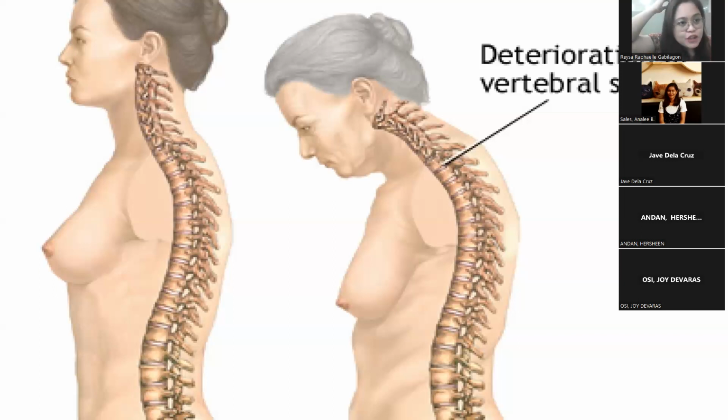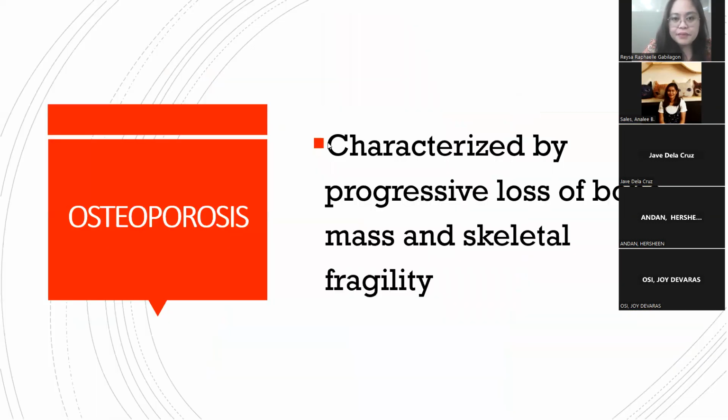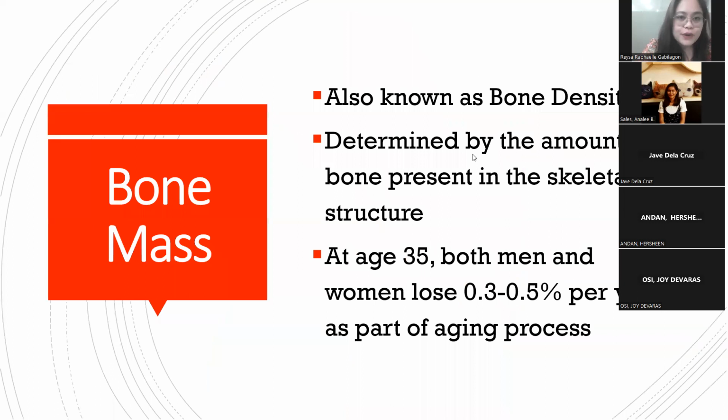So sisirain yung bones para i-release yung calcium na nakadeposit dyan and then ibalik siya sa blood. Okay? Now since yung pinakamalaki natin na bones is the vertebral column, yan yung parating target. Yan talaga yung unang sisirain ng body natin kasi dyan may pinakamaraming calcium. Okay? So yan yung problem natin with osteoporosis.